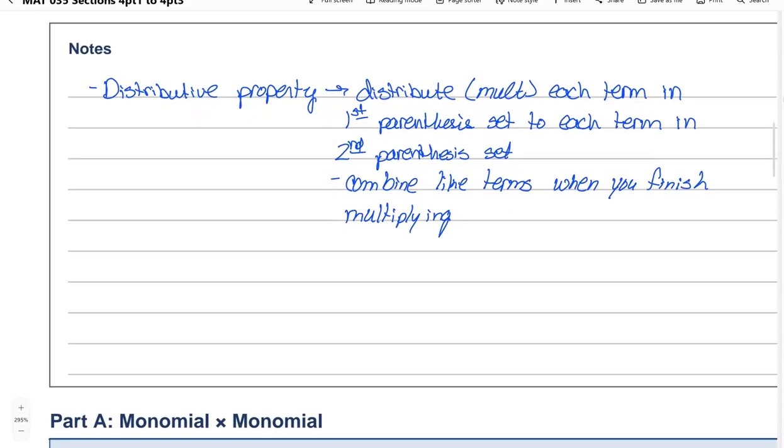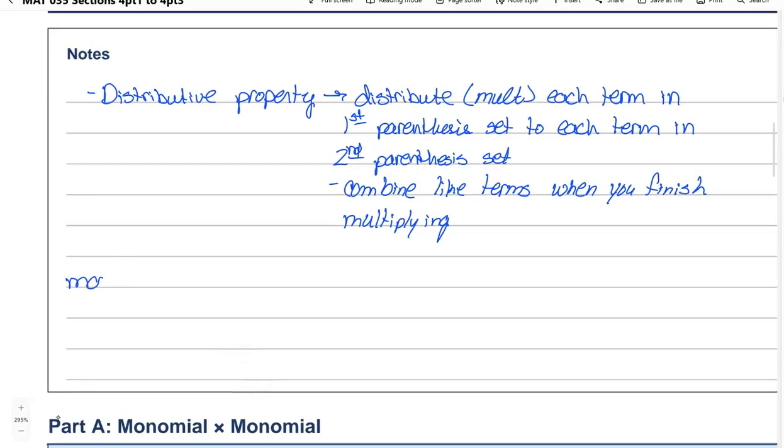So we're going to see some words like monomial, binomial, and trinomial. When we talk about monomial, it has one term. It's a polynomial with one term. Binomial is going to have two terms.